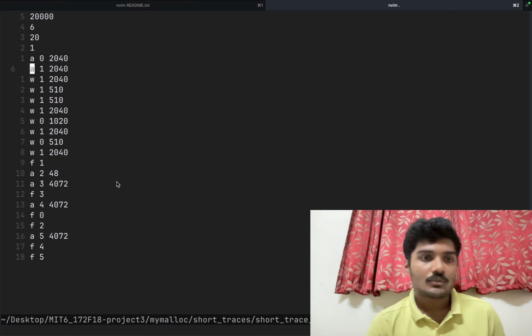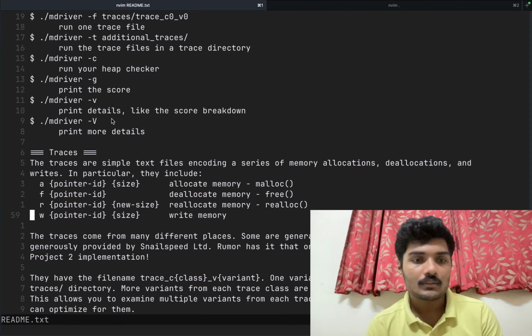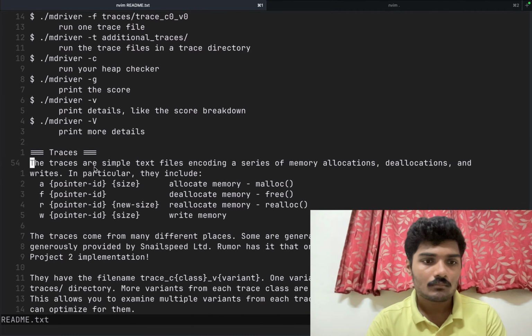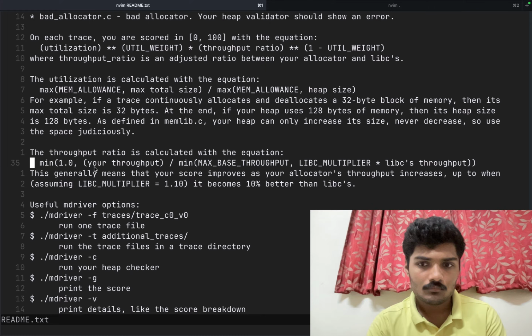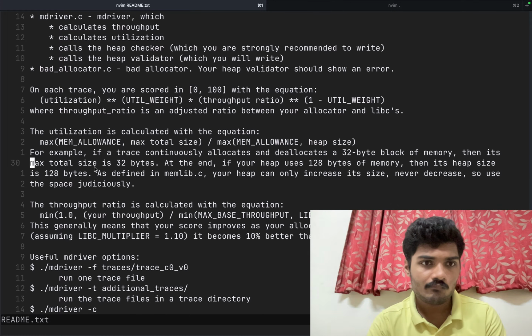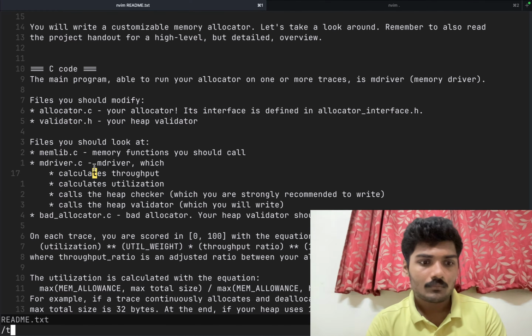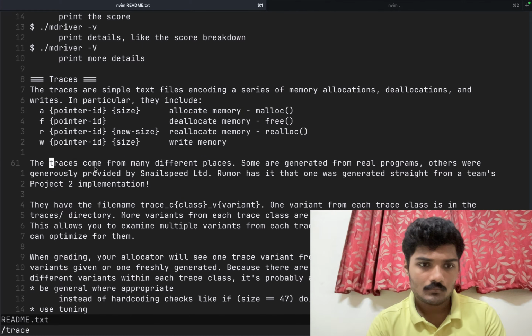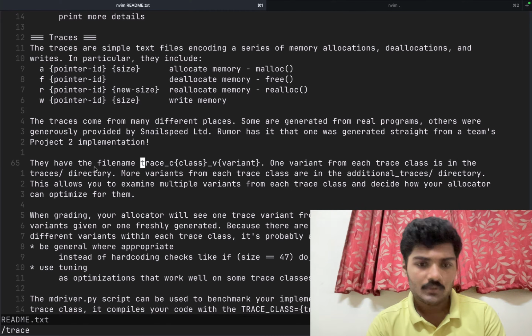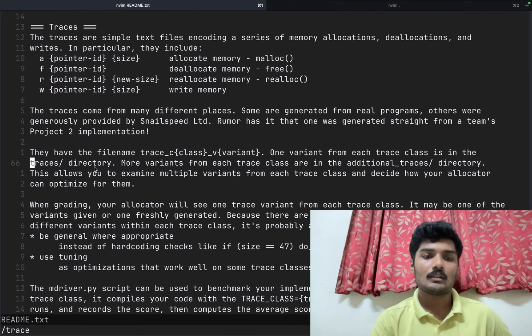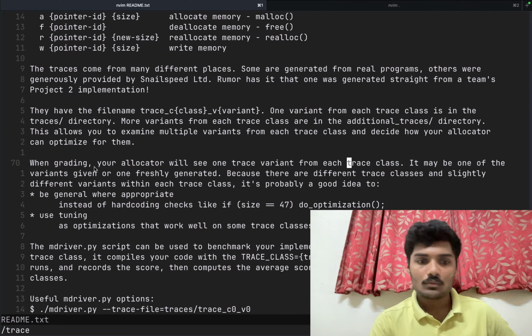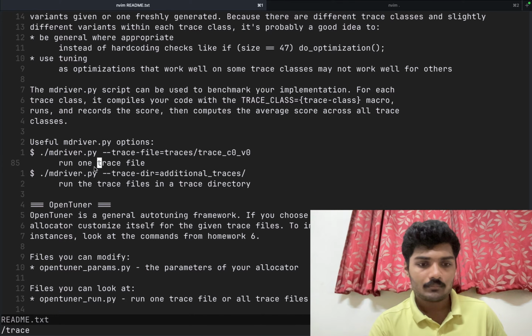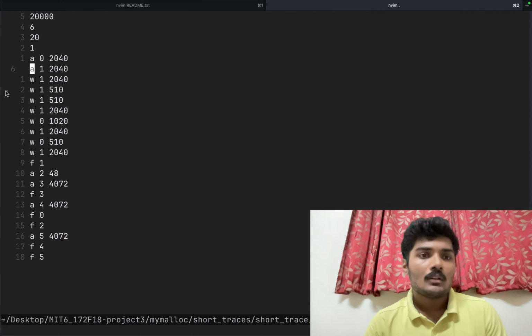Okay, so what are these initial things? They have the file name, trace class, trace directory. I just want to take a look at what the numbers mean. 20,000, 6, 21.